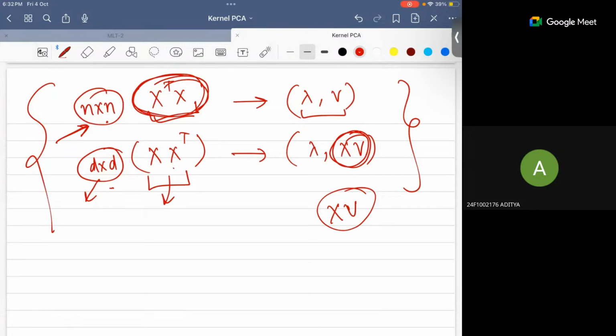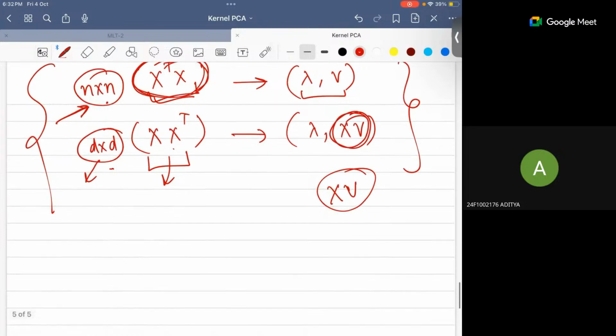Now we came from x transpose x to x transpose, and we got something. Whatever eigenvector we are getting, because we worry about the direction, we have to normalize those vectors also.